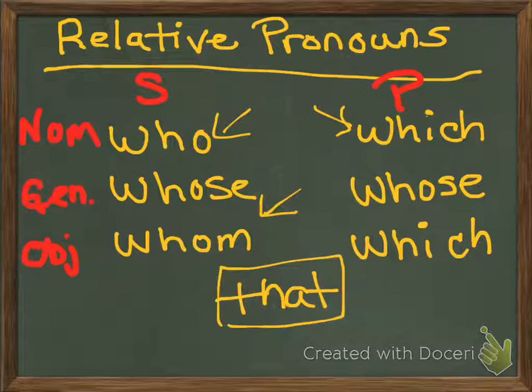And the other thing is, some relative pronouns not only connect clauses as their main job. Remember, a clause has both a subject noun and the verb, but it's not the main one. It's the dependent clause.